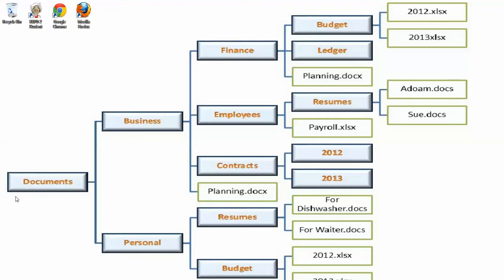That's like representing, for example, your whole room, the documents, and in it you may have business or personal. So it could be, okay, that's your wardrobe, and this could be your dresser.